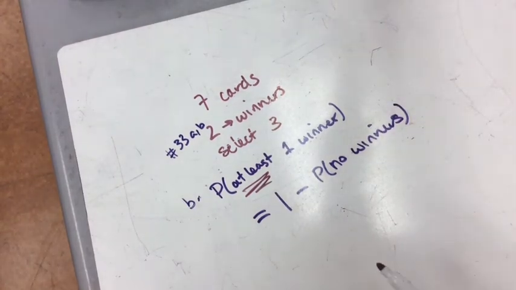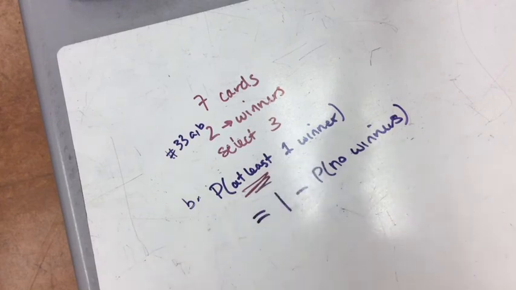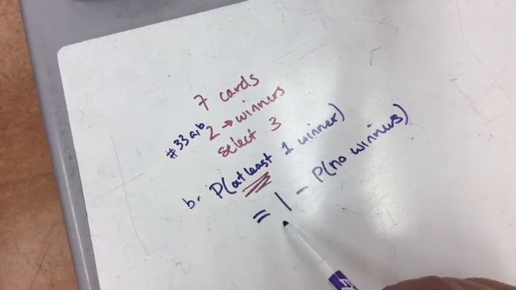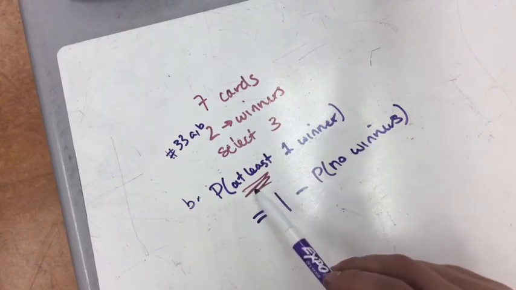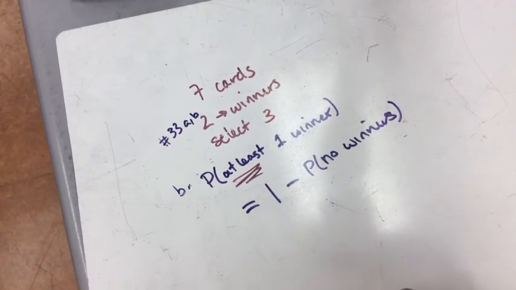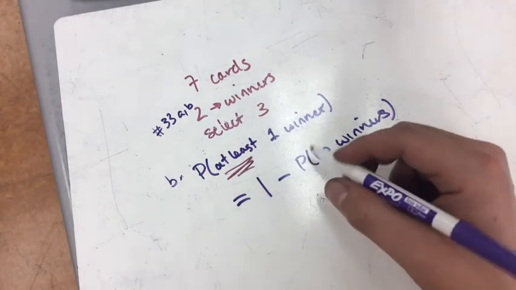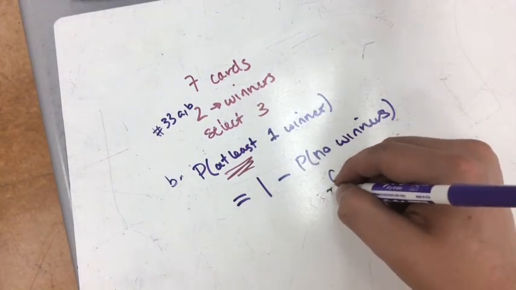So at any time that you see at least as a word inside of the probability, we want to rewrite the problem as 1 minus it never happening. So the probability of at least 1 winner is equal to 1 minus the probability of no winners. So how will we compute the probability of no winners? Well, let's see. How many winning cards are there? There are 2.